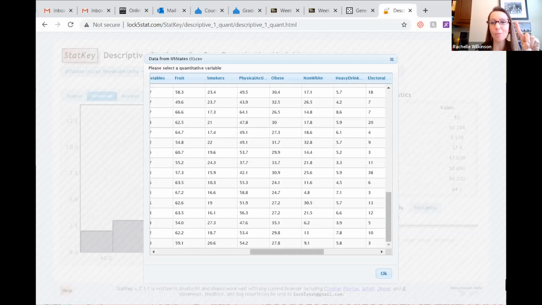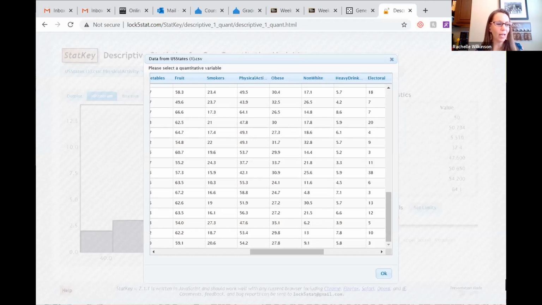In fact, guess how many times we're going to do this? Like 1,000, or maybe 3,000 times, or 5,000 times. So can you see that doing this by hand, the way that we did it, is a little bit on the tedious side and would probably take us until next year. The good news is that StatKey has a way of doing this just like blink your eyes and it's done.